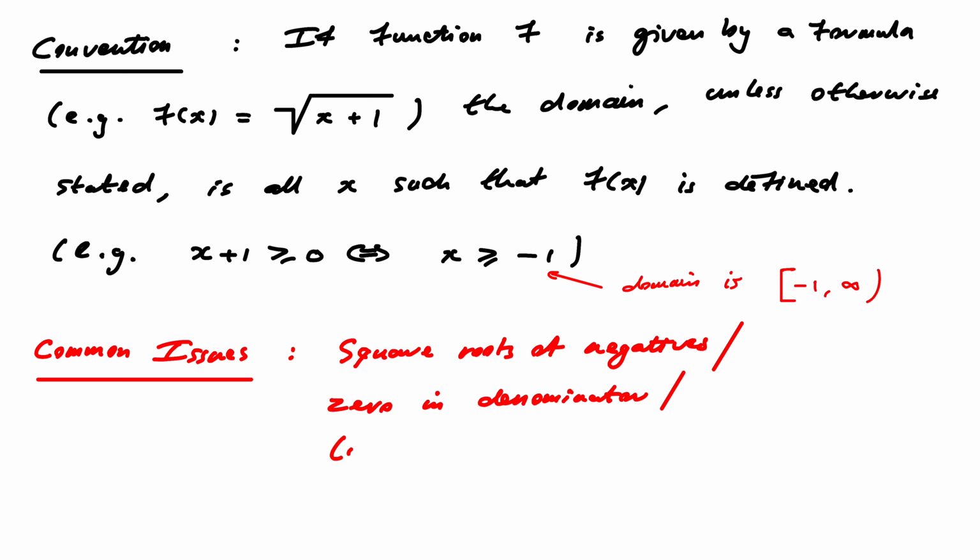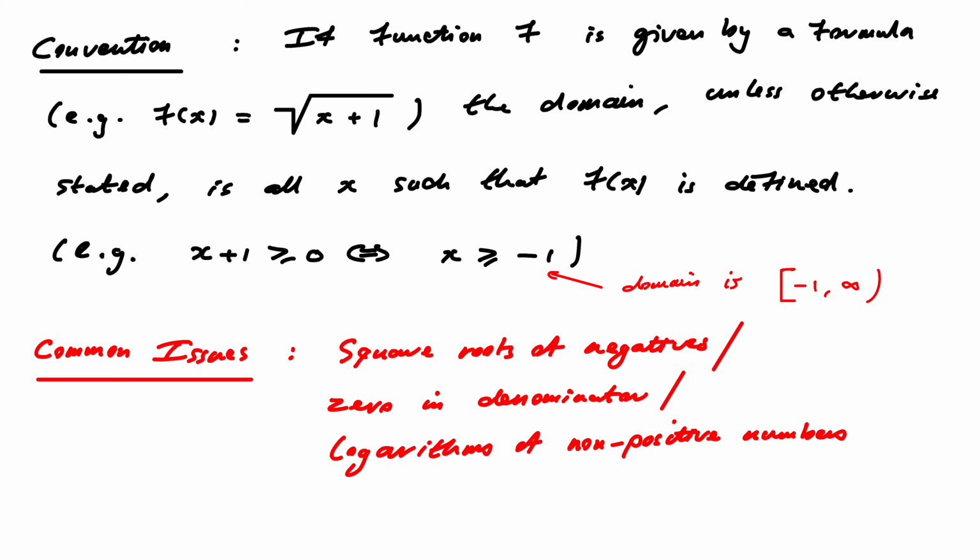So logarithms of non-positive. That's inclusive of 0. Those really are the main cases that turn up and the types of formulas that you'll be seeing.